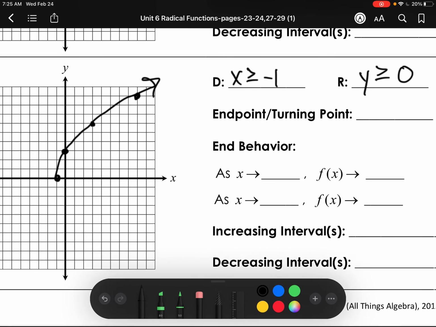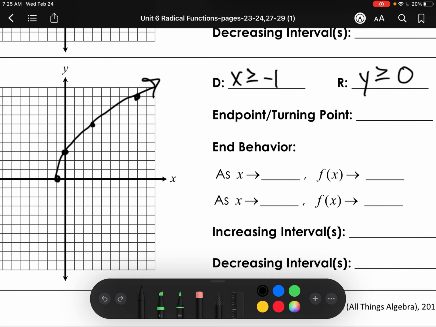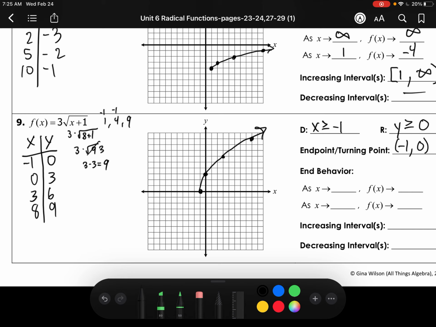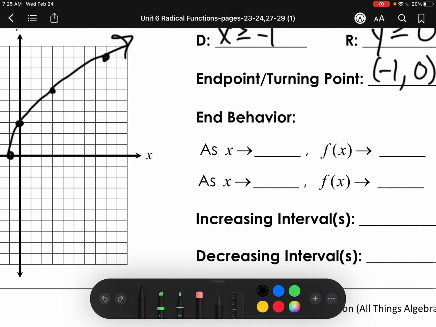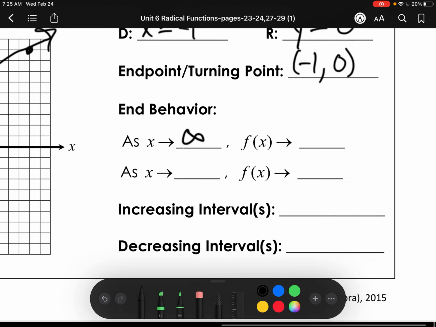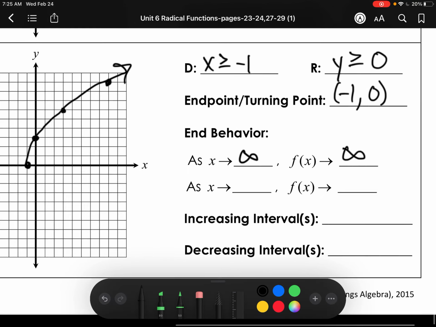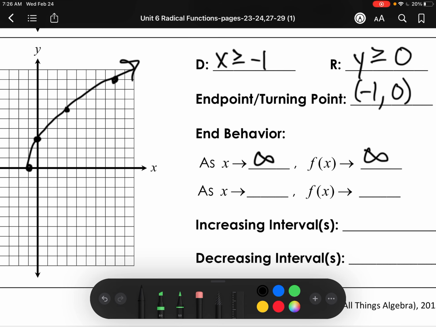And then the endpoint, or turning point, is this point right here, which is -1, 0. Right? h, k is -1, so it's the opposite of +1, right? And there's no k value, which means it's 0. And then our end behaviors: as x approaches infinity, our output is also approaching infinity, right? As our x values increase, our y values are increasing as well.